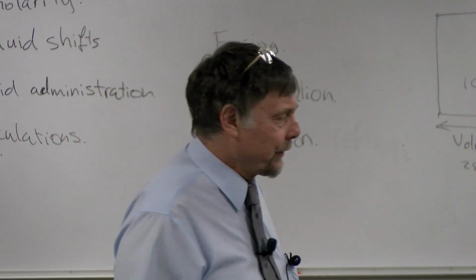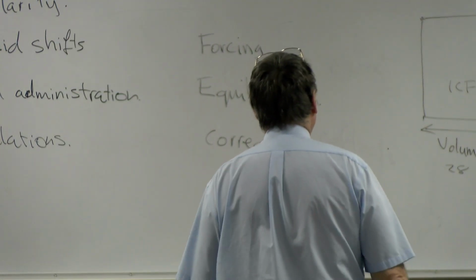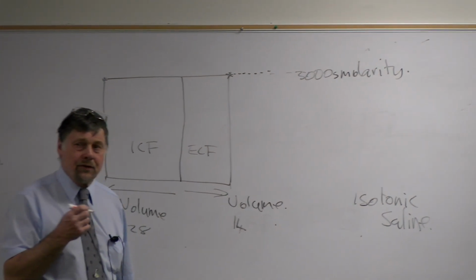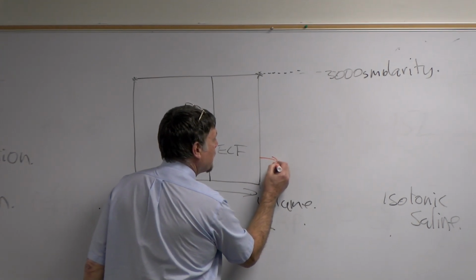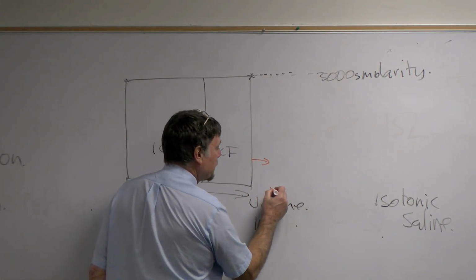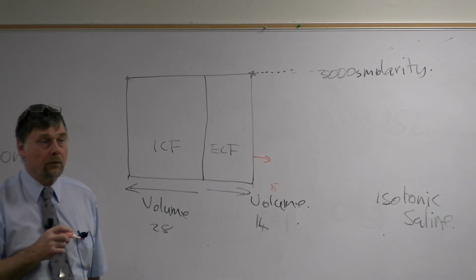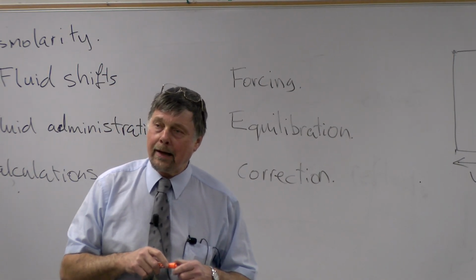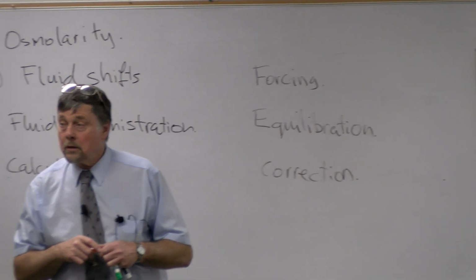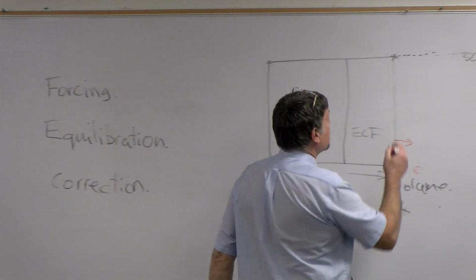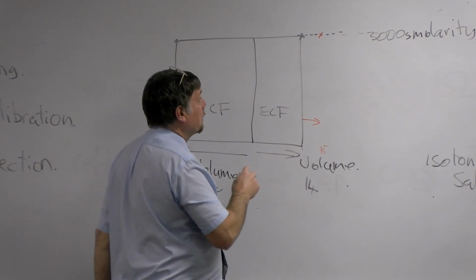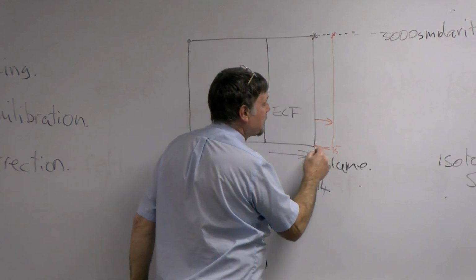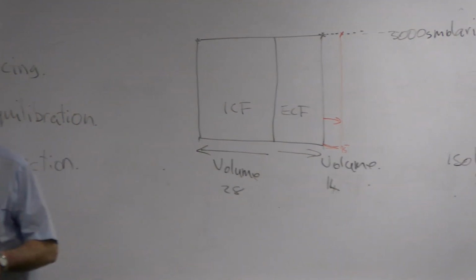You can't plug it into cells immediately. So one liter of isotonic saline, in the first instance, if nothing happened, this would come out to 15, the volume. Got it? What happens to the osmolarity? Nothing at all. And so you'd actually come to a point here where it's still 300, but it's 15. And so if nothing happened, that would be the new situation.